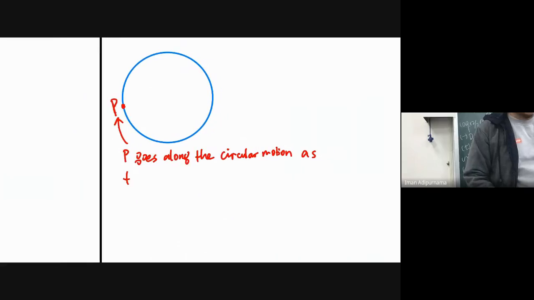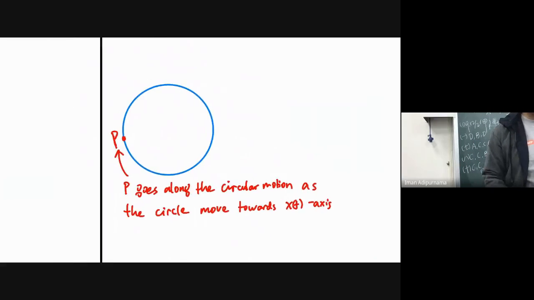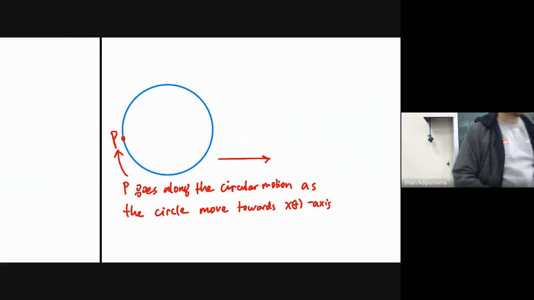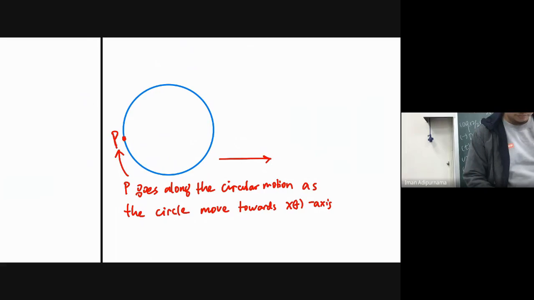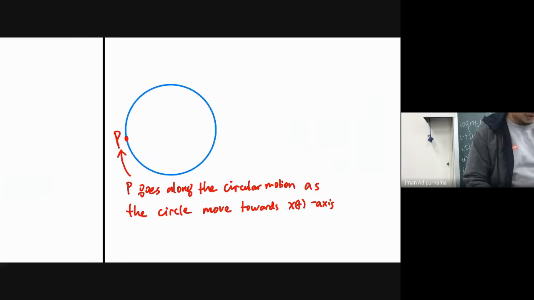as the circle moves towards, let's say, the positive x axis. So let's say this is the move from going there. Imagine your point P. Let me draw another circle.